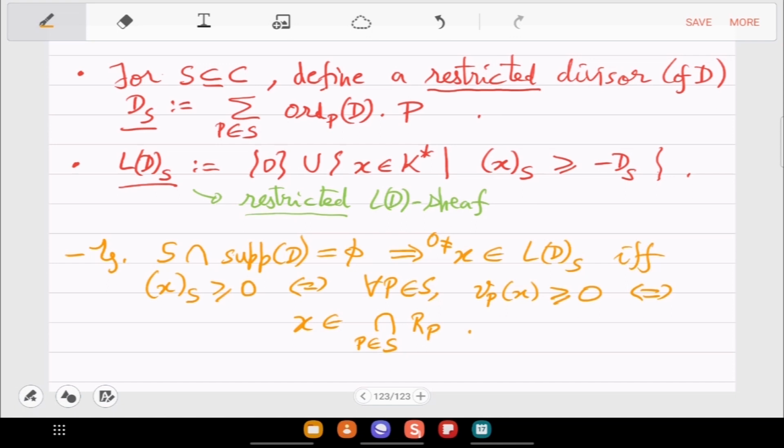This is what LD restricted to S is doing if you take S disjoint from the support of D. If there is a point common between S and the support, then you will have a different condition. Then you will be talking about poles. Here you are avoiding poles. You are saying that poles are not allowed from the points in S. Greater than or equal to 0 means that either P is a 0 or it is neither a 0 nor a pole.